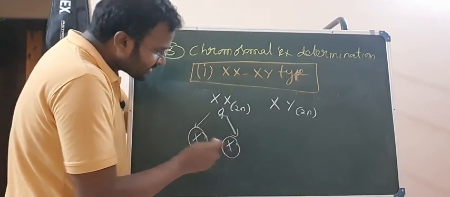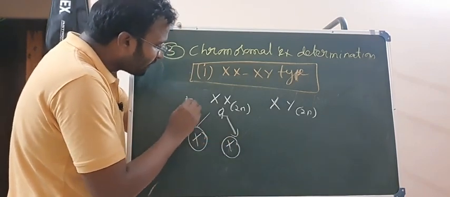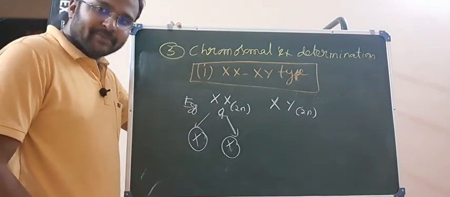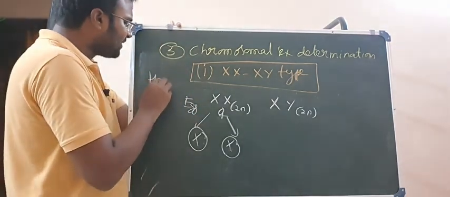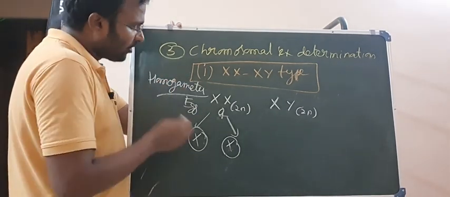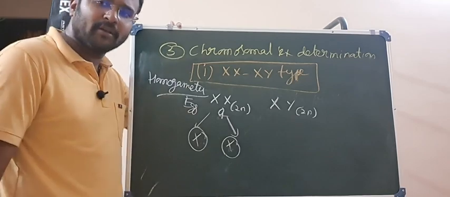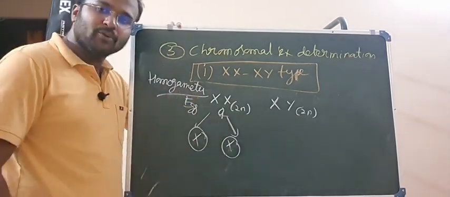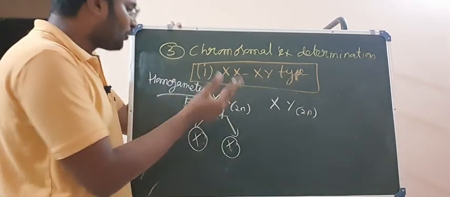Here only X type of egg cells are formed in case of females. So the gametes are homogametes here. Homo means similar. All the egg cells have X chromosome only, that's why these are homogametes.